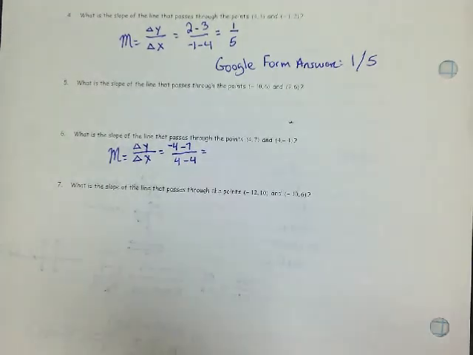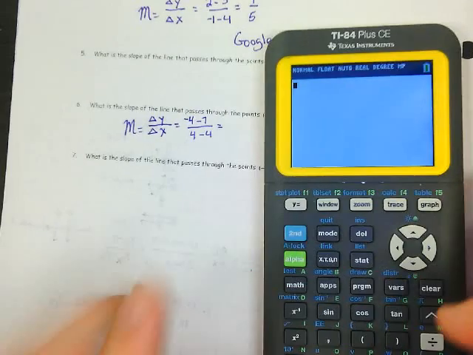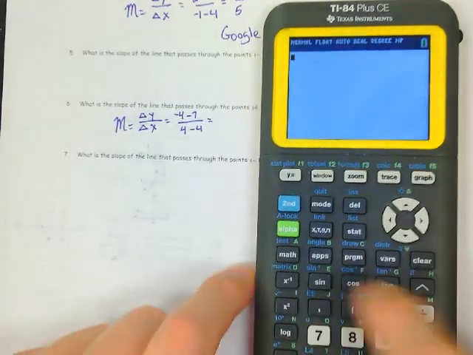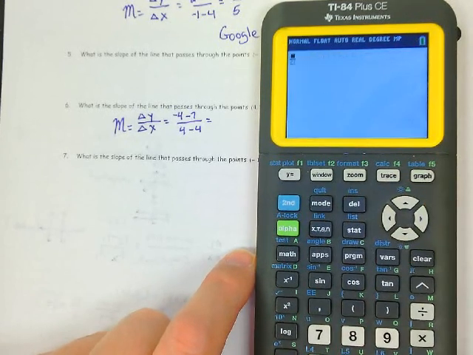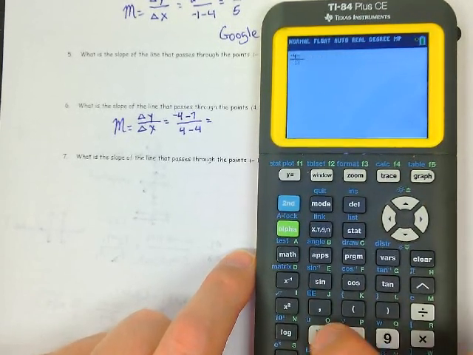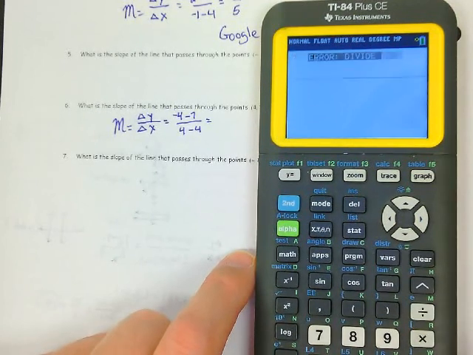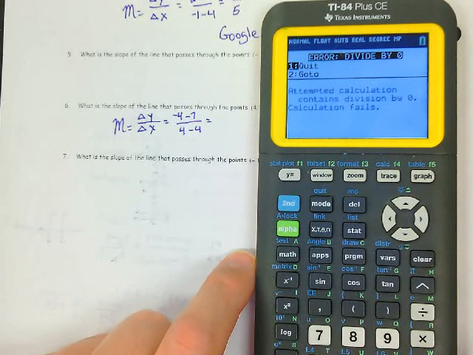So let me show you what the calculator will do. Math, fraction, negative 4 minus 7 on the top, 4 minus 4 on the bottom. Hit enter. It's going to give you error, divide by 0.